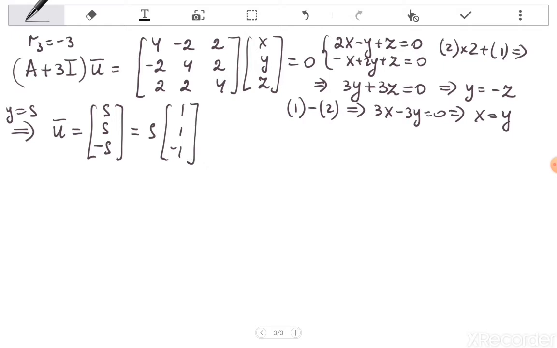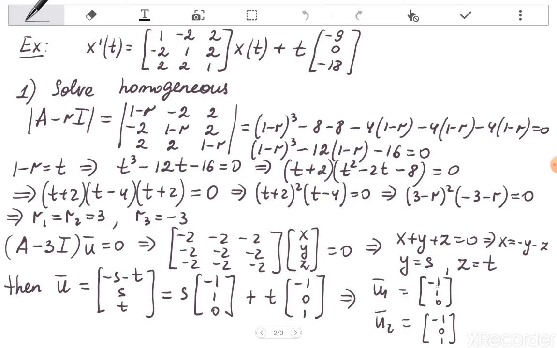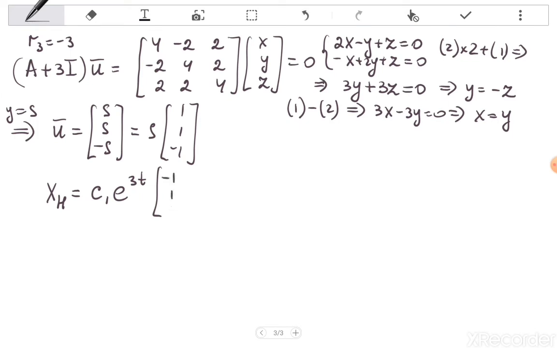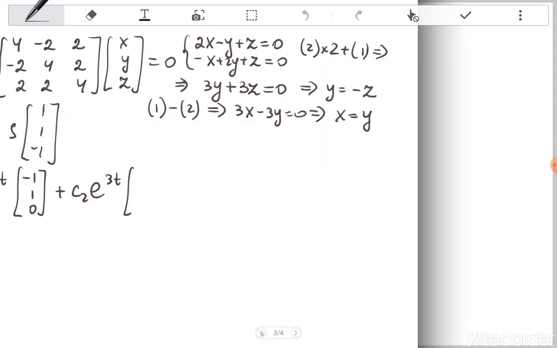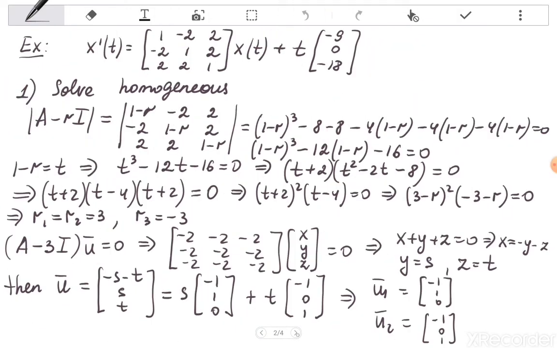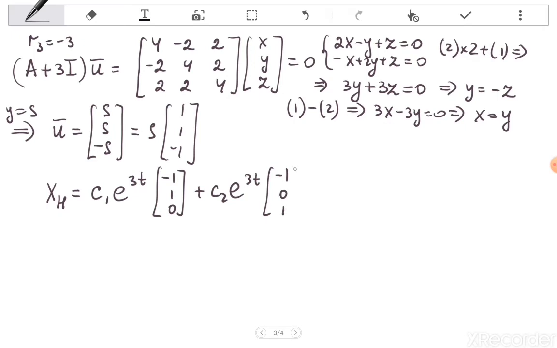So what we did now, we just found the solution of the homogeneous system, right? So we just found the homogeneous solution, which is c1 e to the 3t times the first eigenvector, let's have a look at the first one, this is (minus 1, 1, 0), plus c2 e to the 3t times the second eigenvector, sorry, wrong way, (minus 1, 0, 1), plus c3 e to the minus 3t times (1, 1, minus 1).